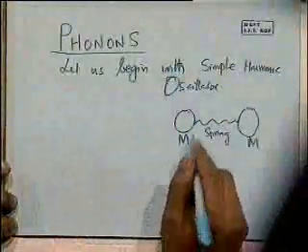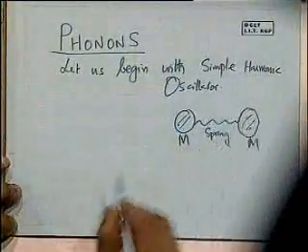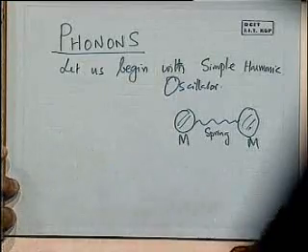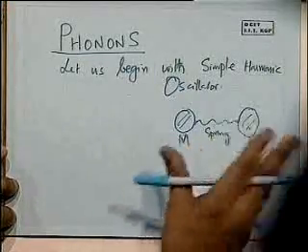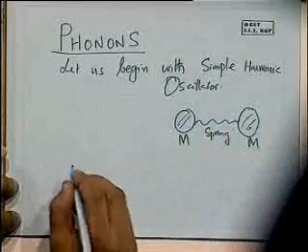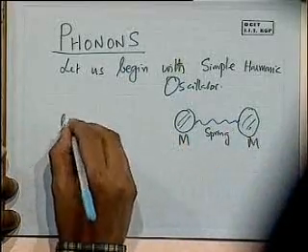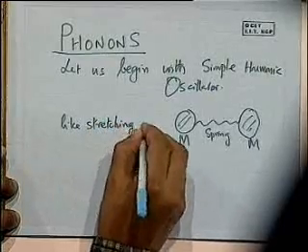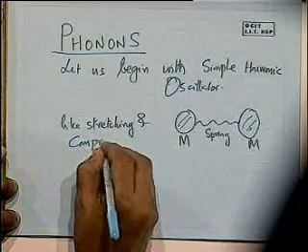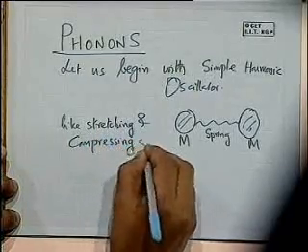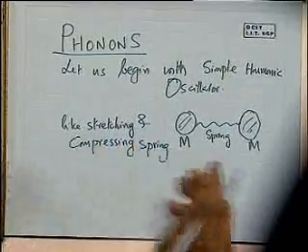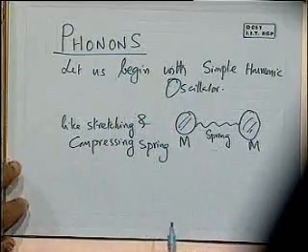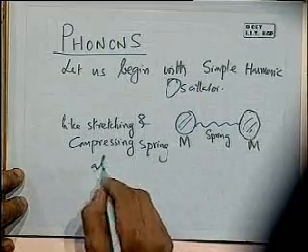So this is an atom, that's an atom, and there's a spring that represents the bonding between them. At some finite temperature there is a vibrational motion between these, and it's effectively like stretching and compressing a spring. So we've modeled our atomic motion, the vibrations, in terms of simple stretching and compression of a spring about some mean position.